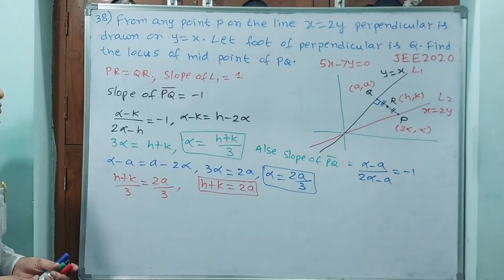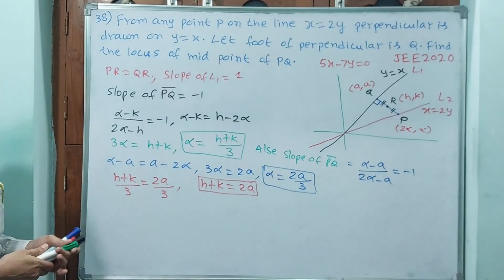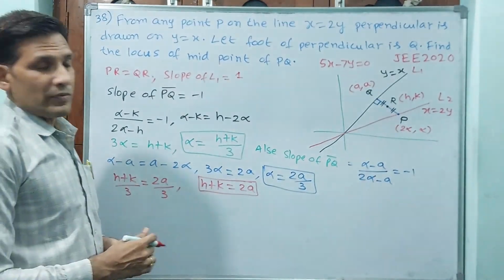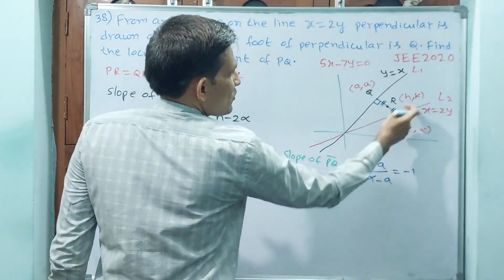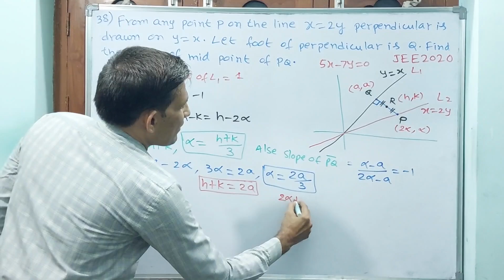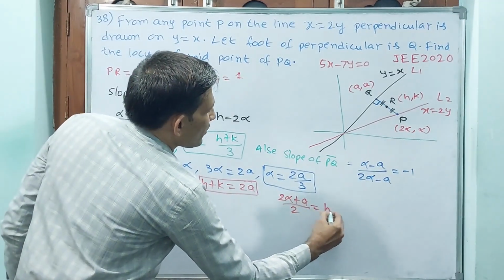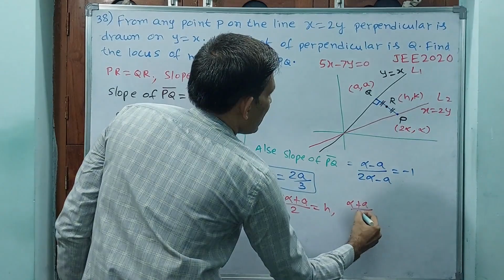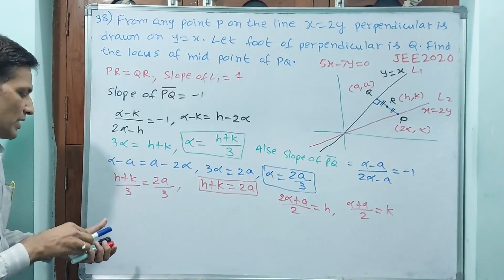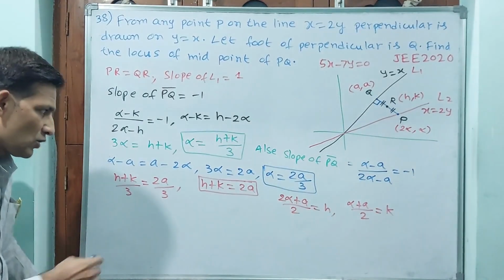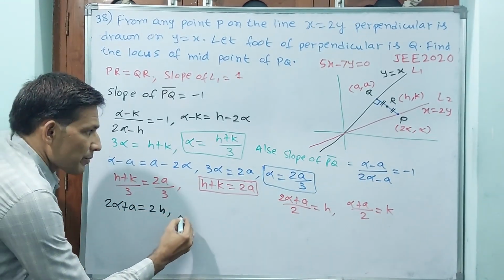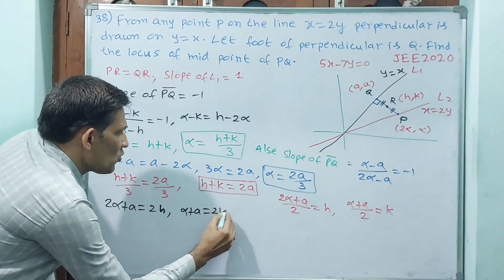Let it be. One more thing we wanted to do: midpoint. Midpoint also you have to take. How are we going to take the midpoint? Simple. 2 alpha plus a by 2 is equal to h, and alpha plus a by 2 is equal to k. Or else, 2 alpha plus a is equal to 2h, and alpha plus a is equal to 2k.